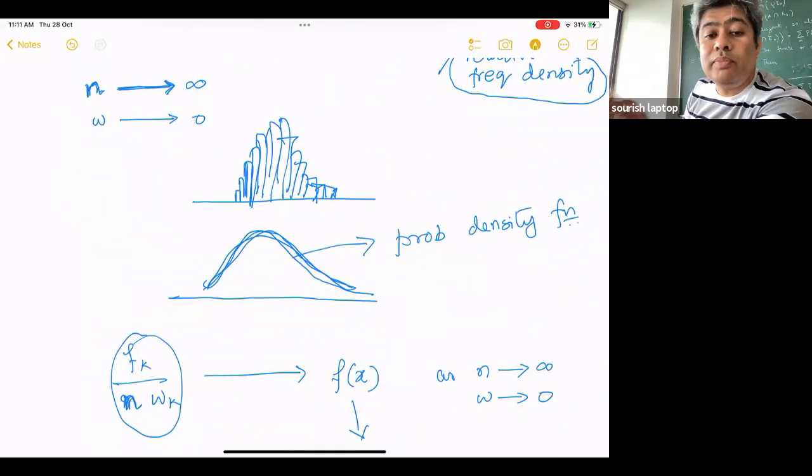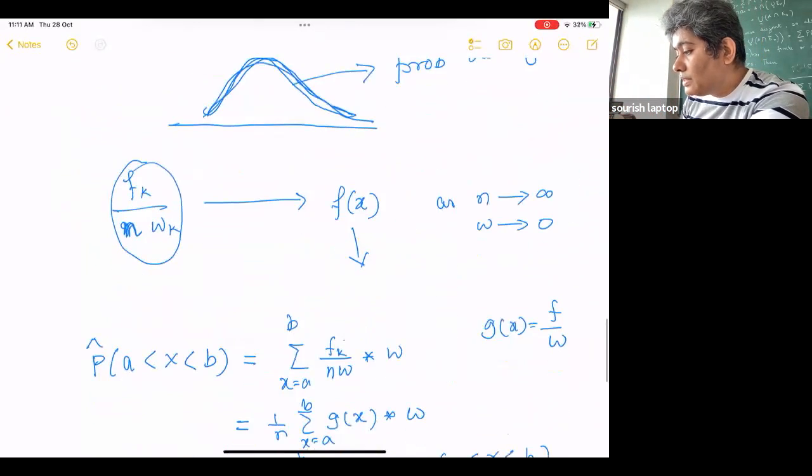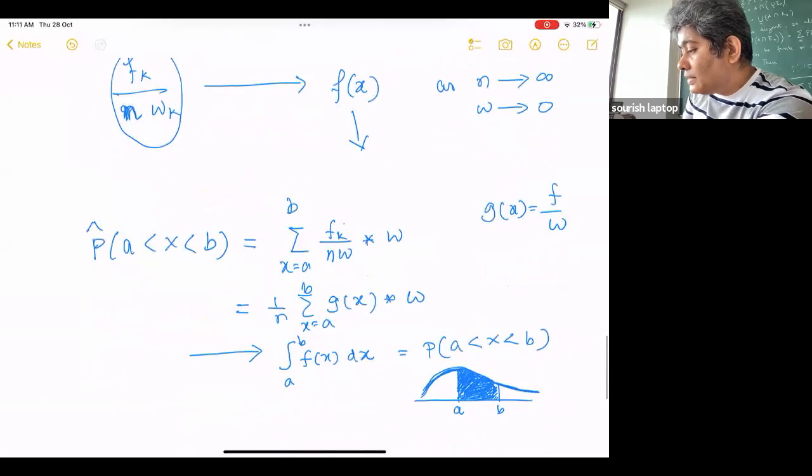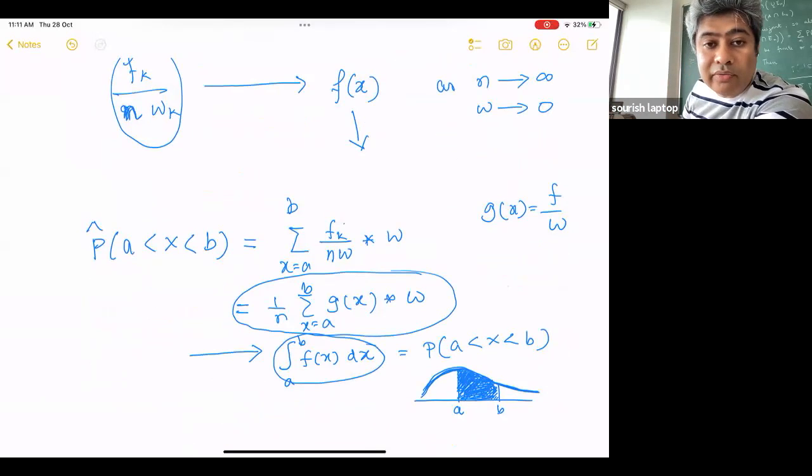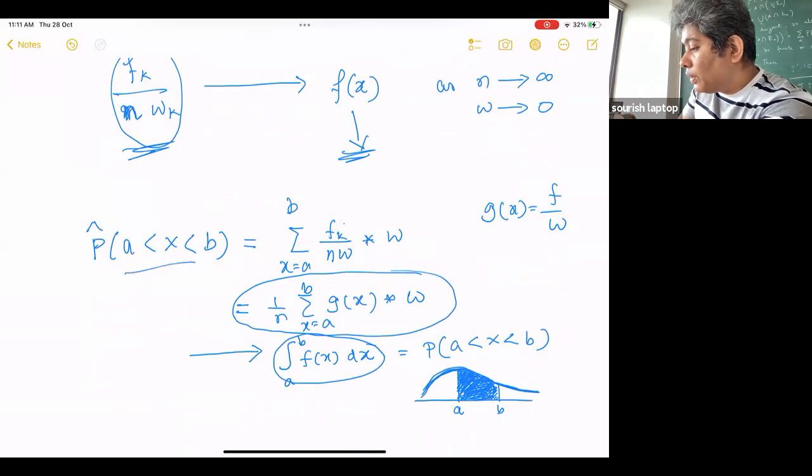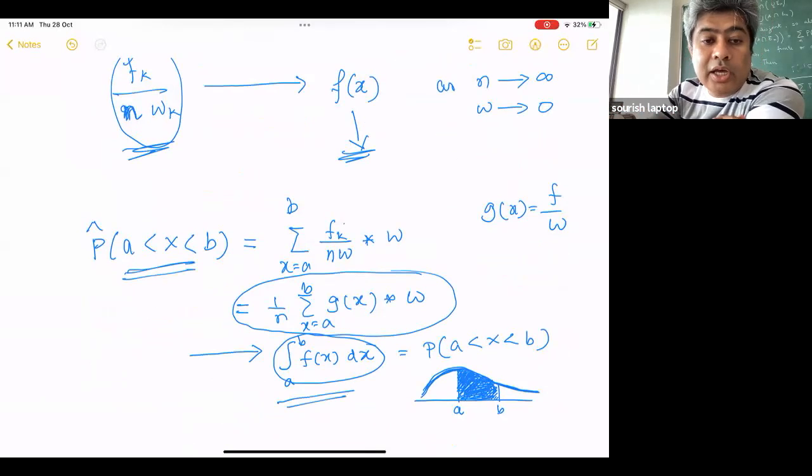We don't know what that function is, but there must be one. This estimate will converge to that function, so the empirical probability density will converge to the true probability density as sample size increases.